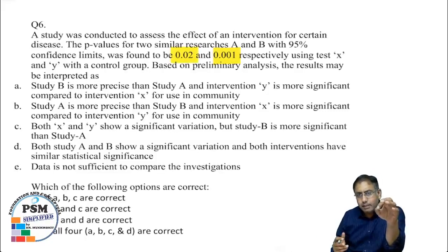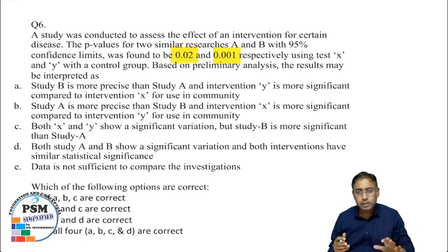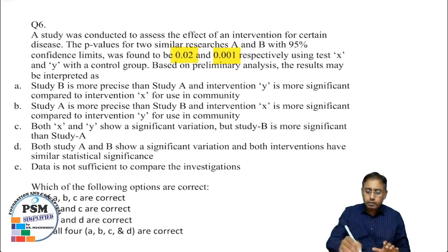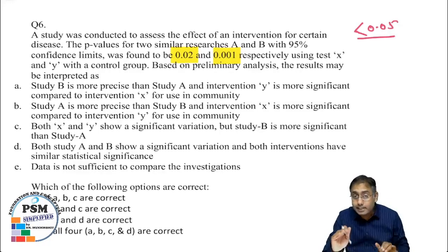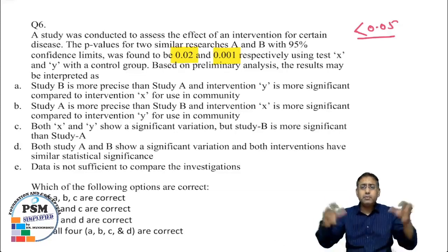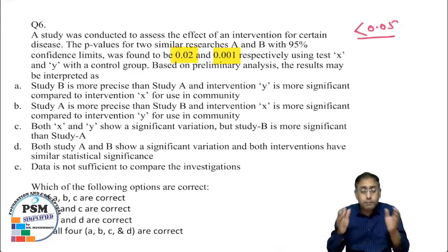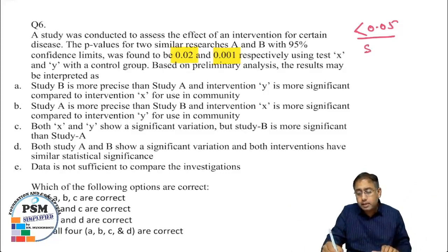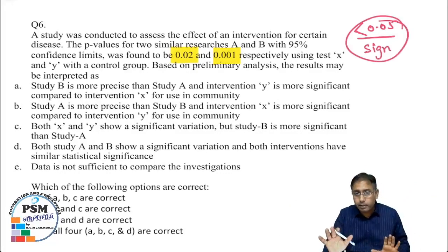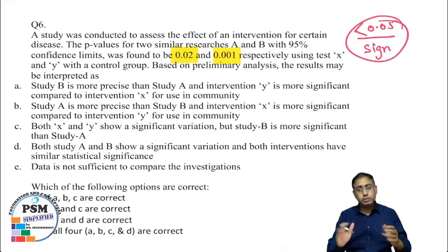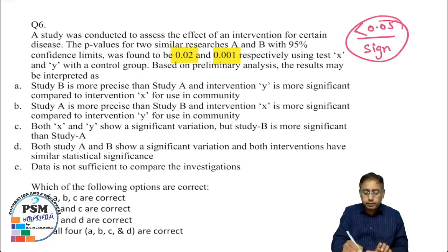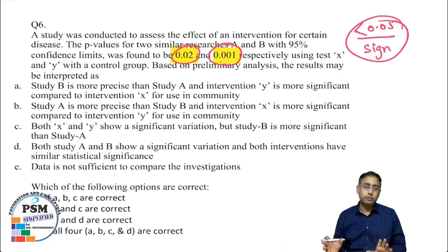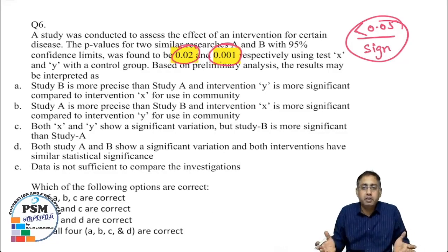First thing, as I see the p-values, what did I teach you? I told you that whenever you see p-values in the exam, always think of whether the p-value is less than 0.05. If it is less than 0.05, what does it mean, within the normal zone or outside? It means these are outside the normal zone. These are significant p-values. Are you remembering this? If it is more than 0.05, it is non-significant. So now the researcher has given you 0.02 and 0.01. Both are significant. Which is more significant?